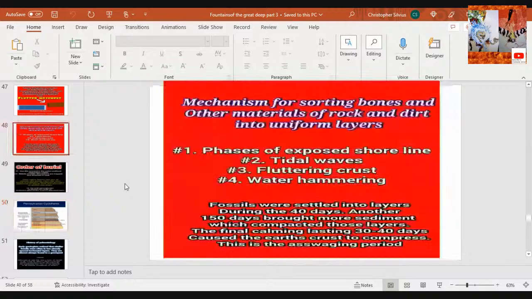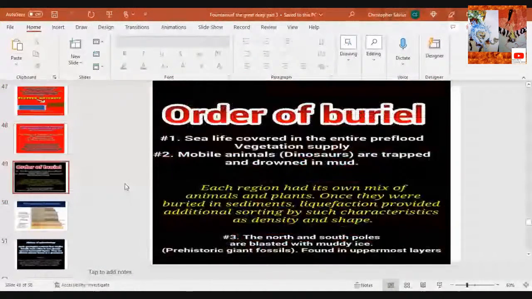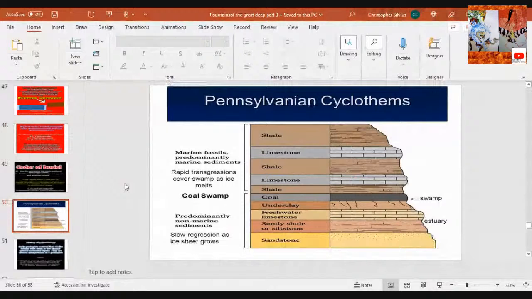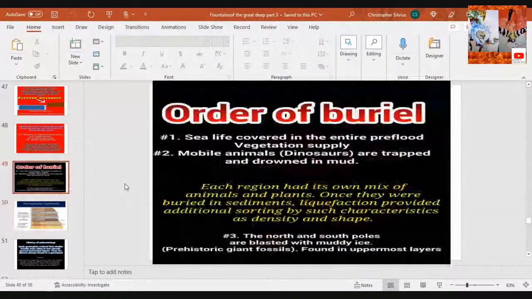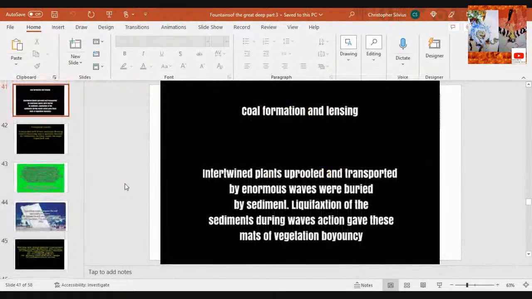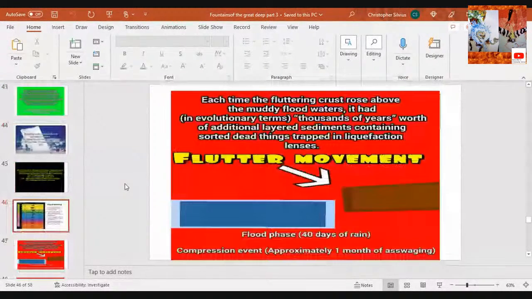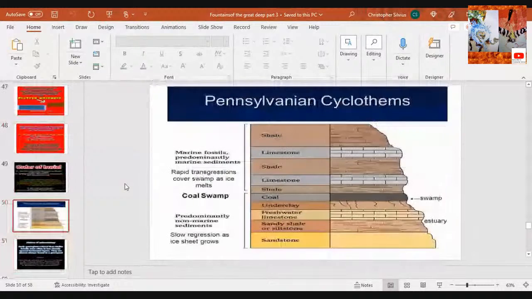Well, maybe two phases. Okay. I have a term for the second phase. But phase one, the rupture. Phase two is at 110, where the water continues to increase. And then phase three is the compression event, the formation of the mountains. Three basic phases can explain all of this.